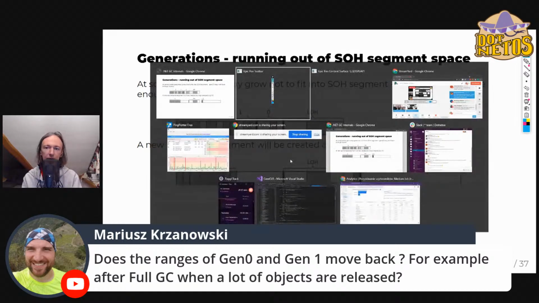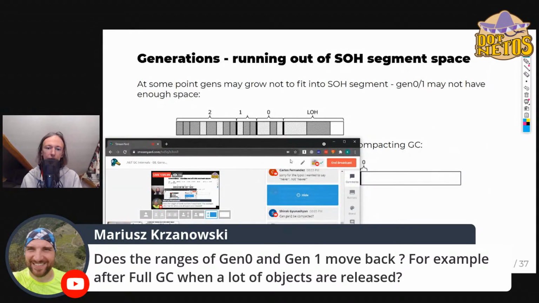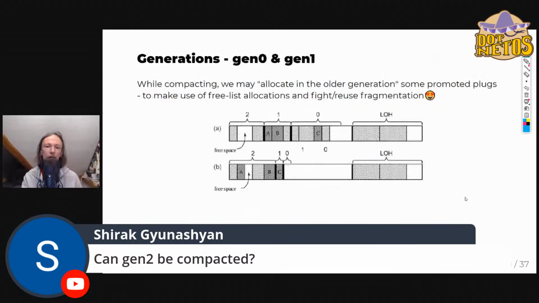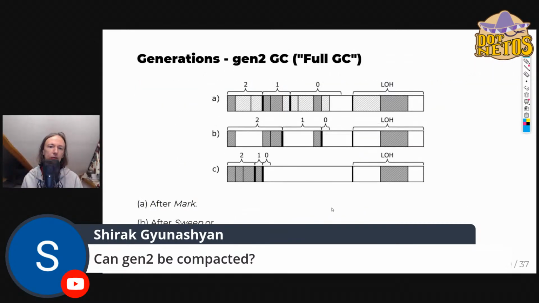Okay, another question. Can Gen 2 be compacted? Yes. This was the case: Gen 2 GC, full GC, and the scenario is when we compact the Gen 2, because it is what we are doing here in the end.